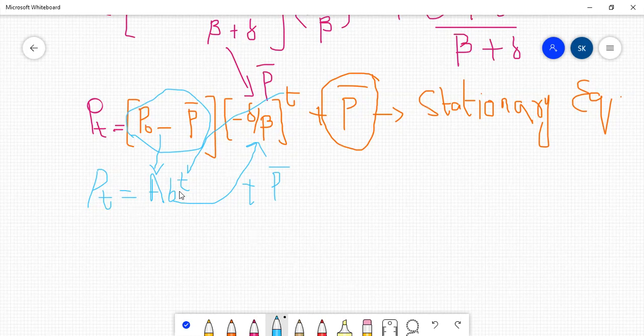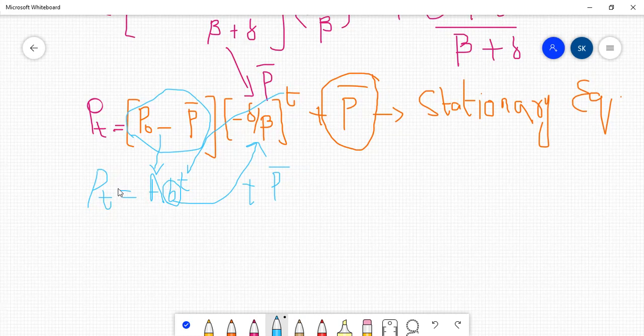As in the preceding lecture, I explained to you the dynamic equilibrium prices, equilibrium positions, and stability of equilibrium, and how the value of B determined what kind of time path the economy was following. So P naught minus P bar will give us the type of time path, whether it is convergent, divergent, or uniform. Clear?